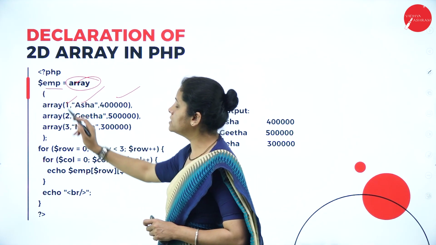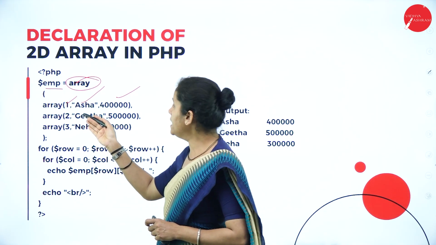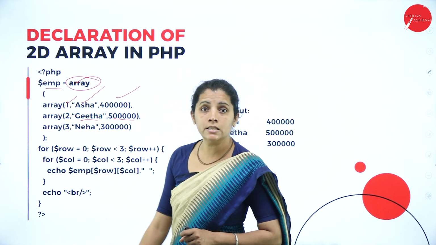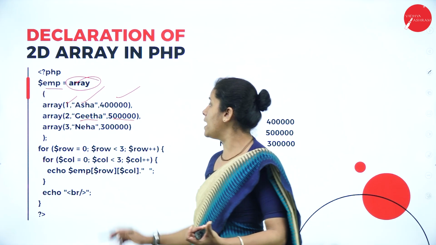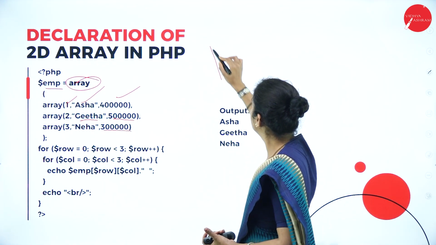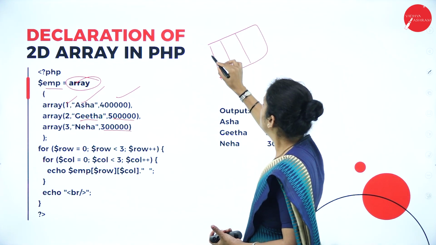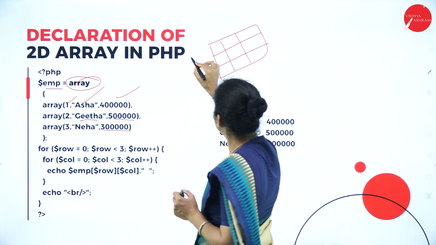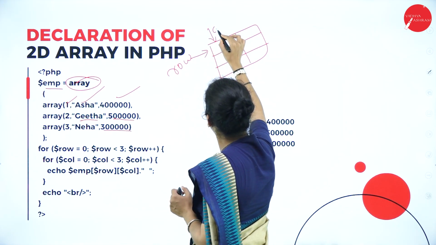That is my first array. The second array again has employee ID, employee name and salary, and so does the third array. So it is 3 columns and 3 rows, 3 cross 3. So this is your row and this is your column.